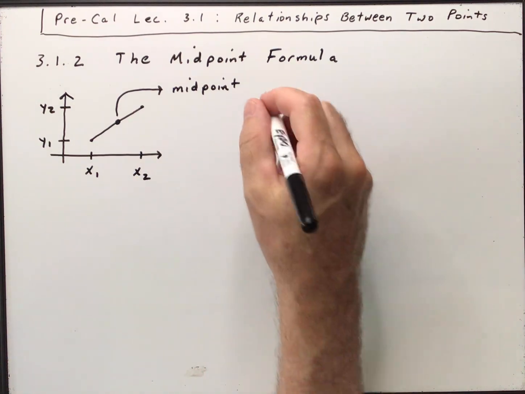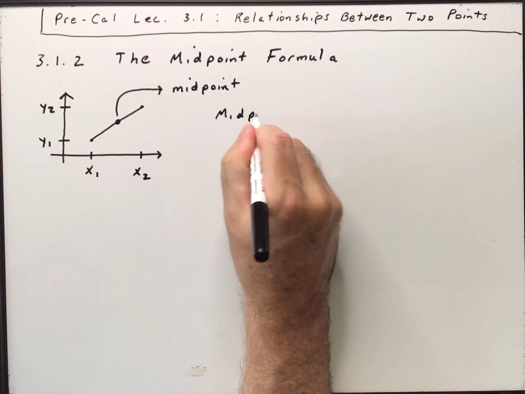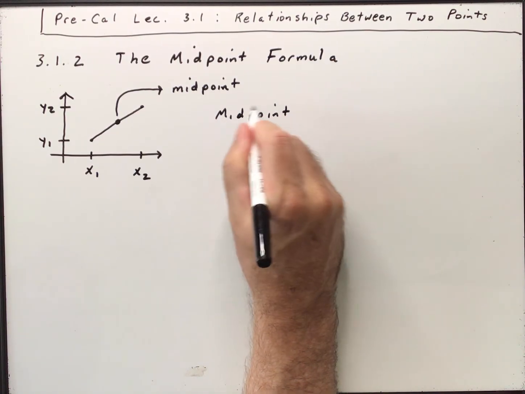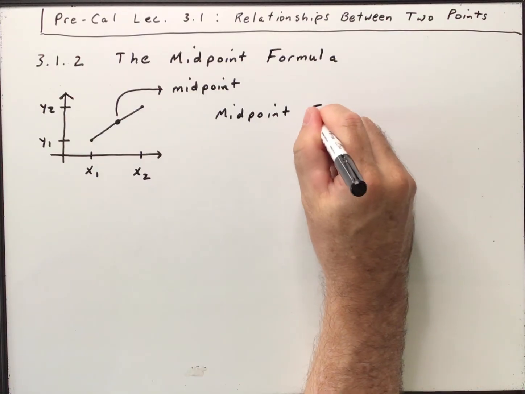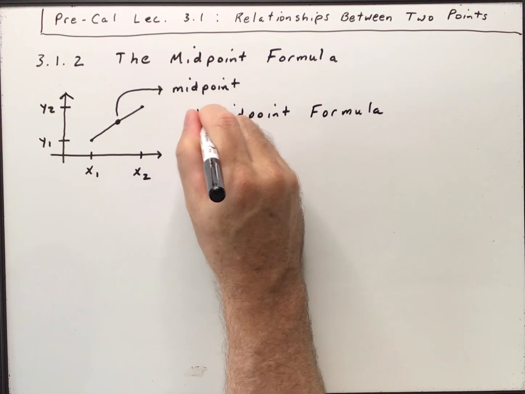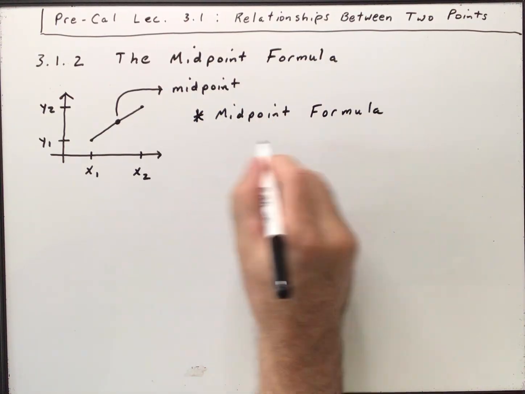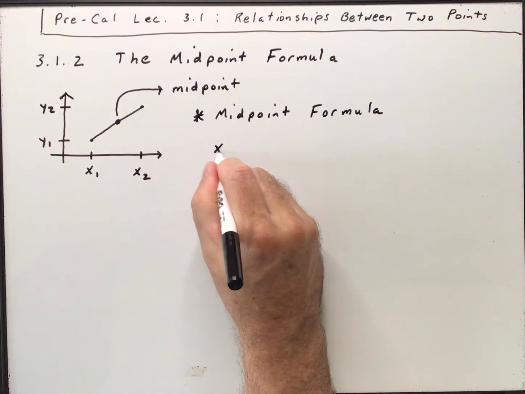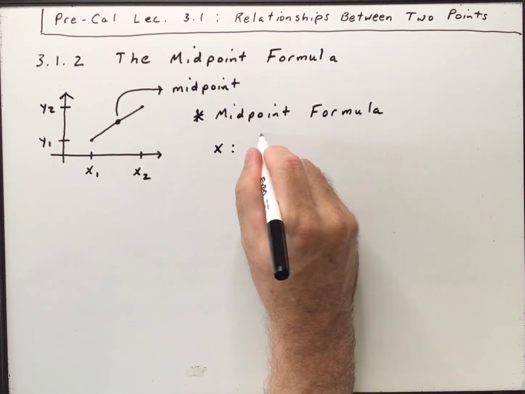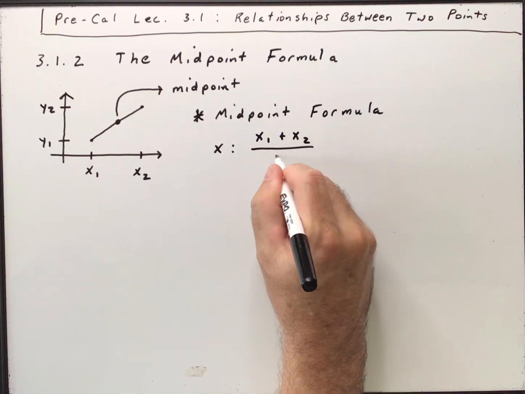Okay, well, the formula is this. And it's not a really hard formula to memorize. So we would have the x midpoint is x1 plus x2 over 2.